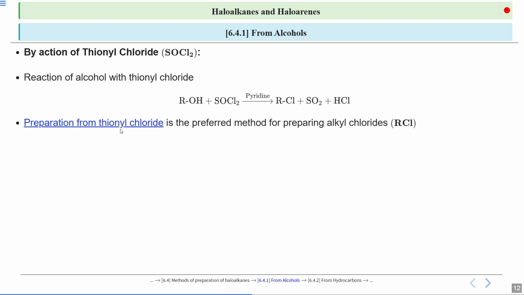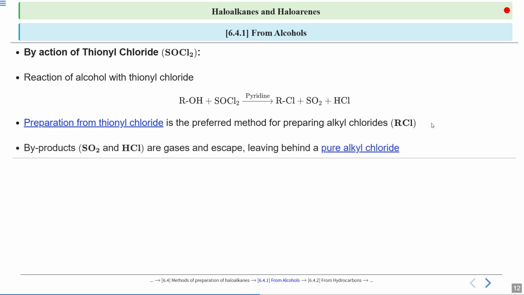The preparation from thionyl chloride is the preferred method for the preparation of alkyl chloride, because here we are getting only alkyl chloride, right? So if you prepare the alkyl chloride from thionyl chloride, this is the very preferred method. Why?